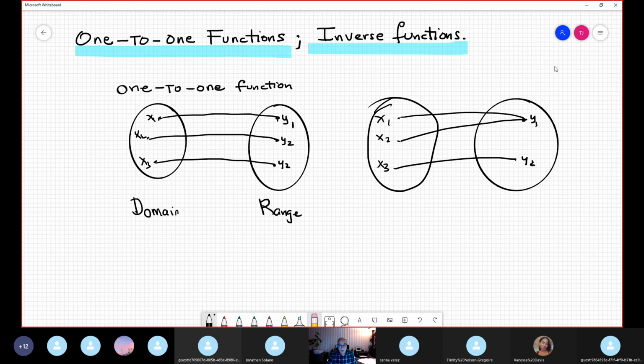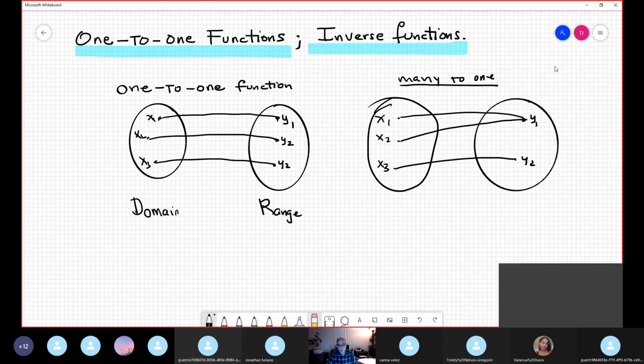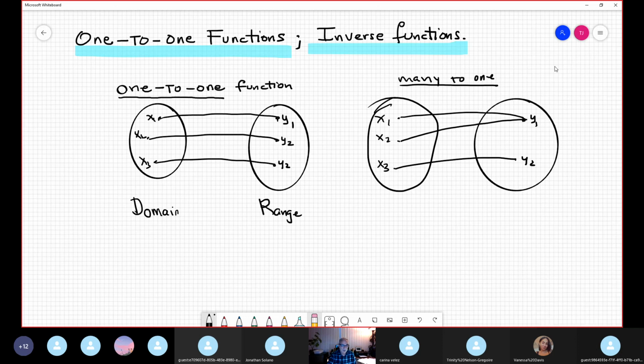This is many-to-one. But this is also a function. And this is a function also. But one-to-one is super special, for the reason that you can see in several minutes.